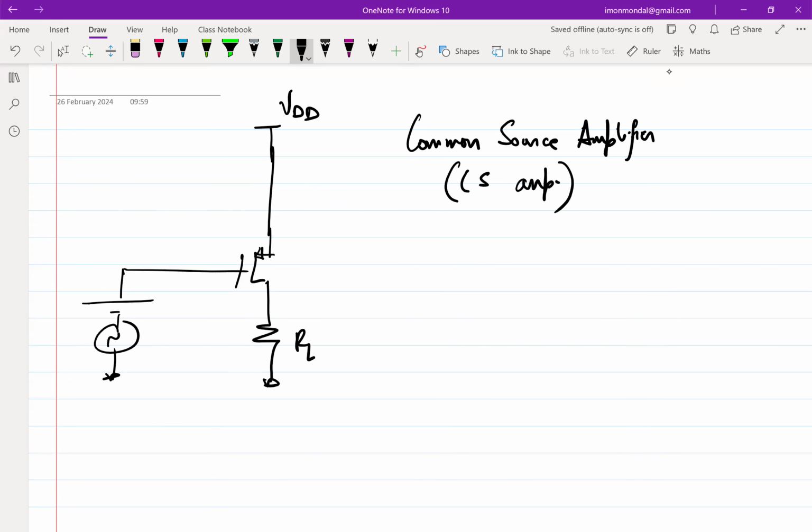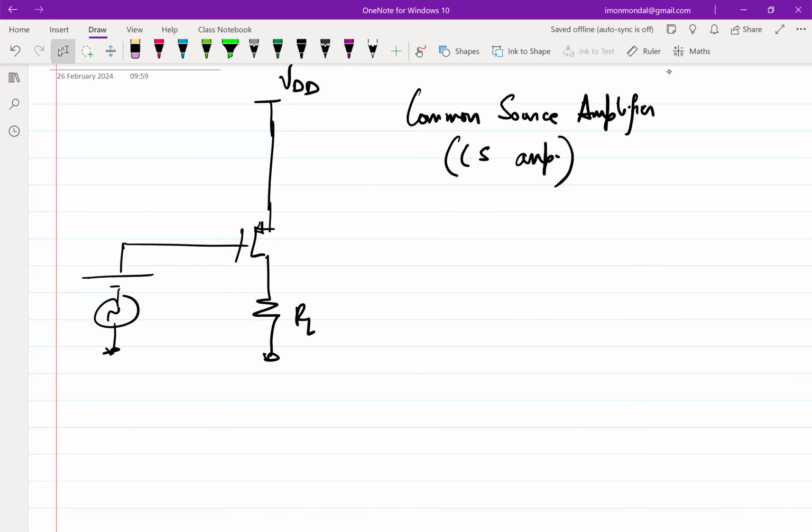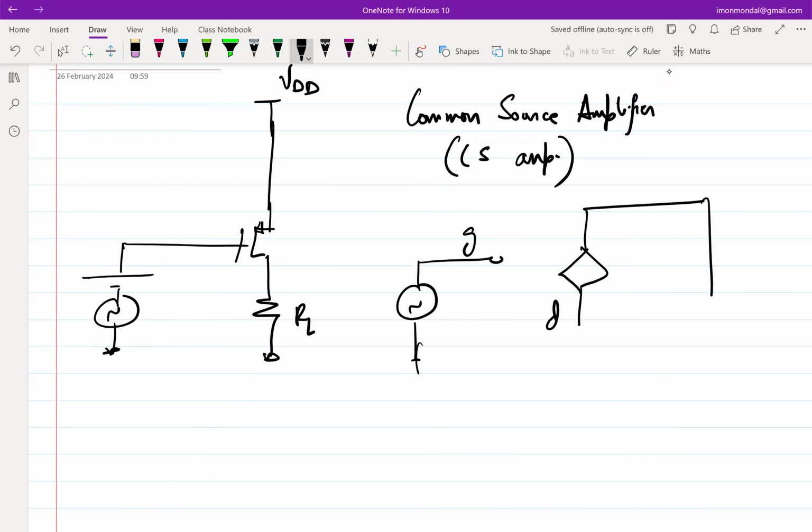So it is called common source because if you look at the incremental picture, what does the incremental picture look like? It essentially means that the input is connected between the gate and the source. If this is the drain, then the source is grounded.